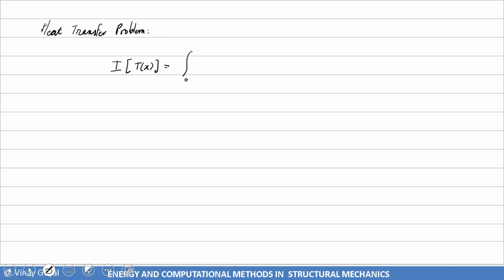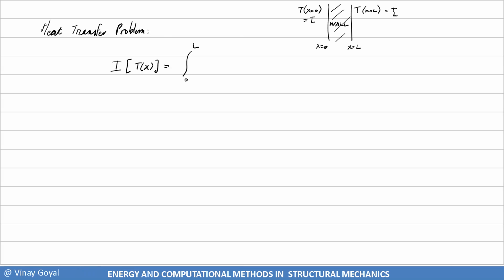I'm going to say the length: this is x at 0 and this is x at L. So there's a wall, that's your wall here. And this condition is specified, and it's known as T naught. And this condition is specified: the temperature at this other side of the wall is specified as TL.